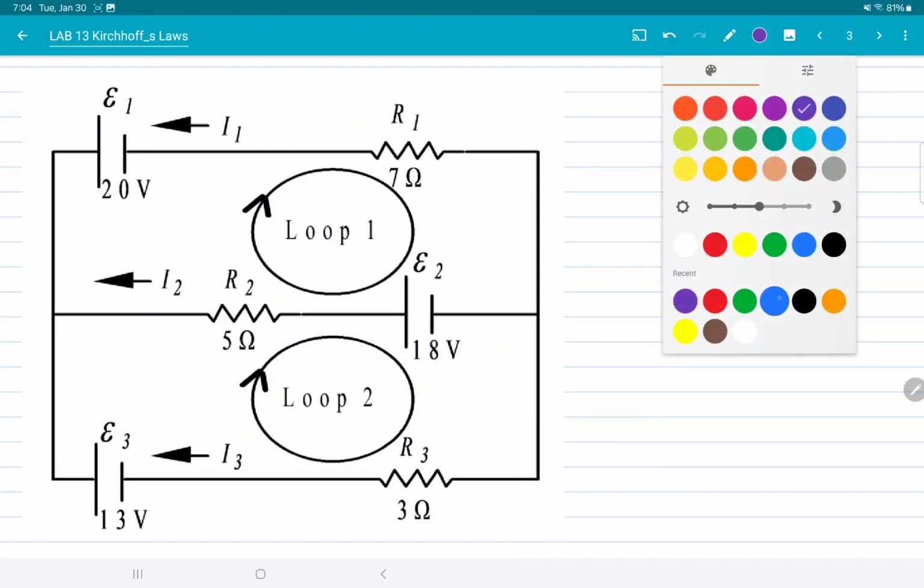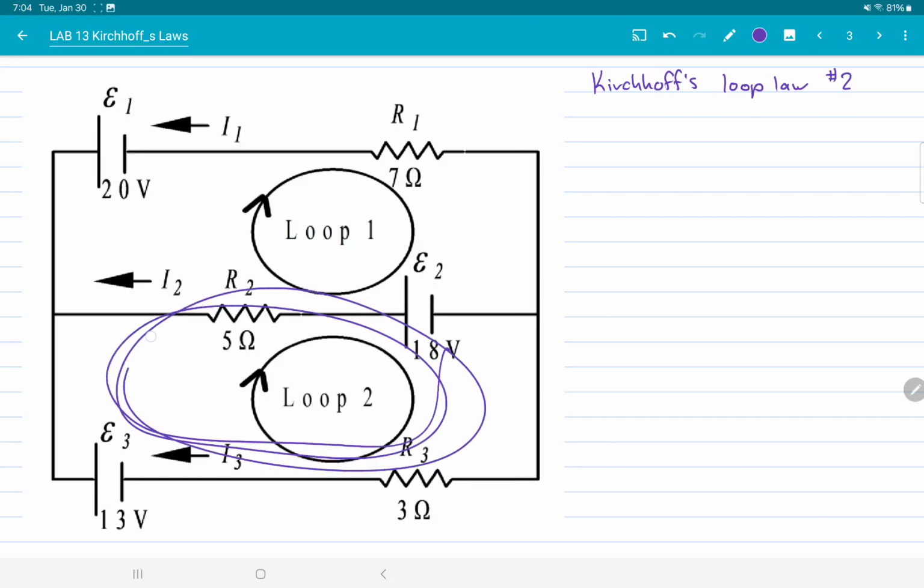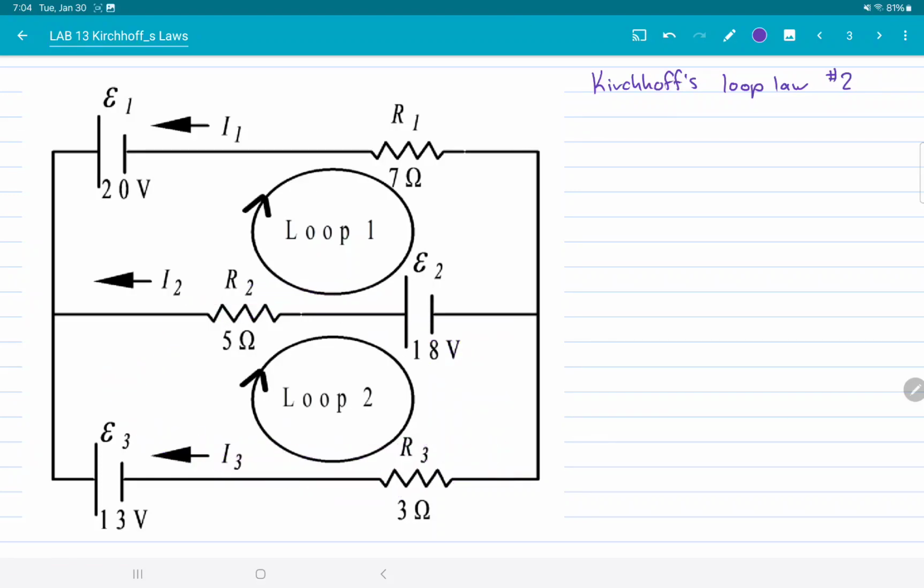And this one, let's do in purple. So now I want to do Kirchhoff's loop law number 2. So now I'm down here in loop 2. I have a clockwise pathway. First thing I see, positive, negative, I'm going to be going backwards.